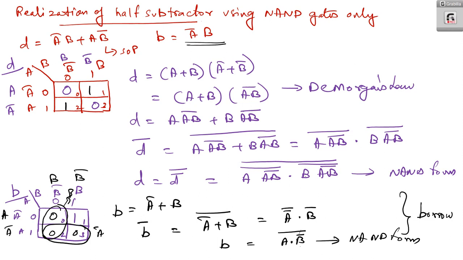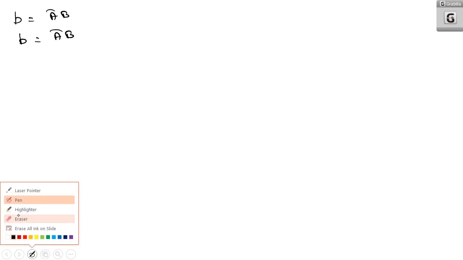Let me come back to this A bar B. So borrow, you can write it as A bar B. Now, if you are writing borrow as A bar B, I can write borrow is equal to, sorry, it is not A bar B. I can write it like this: let B is equal to B and A bar or B bar.